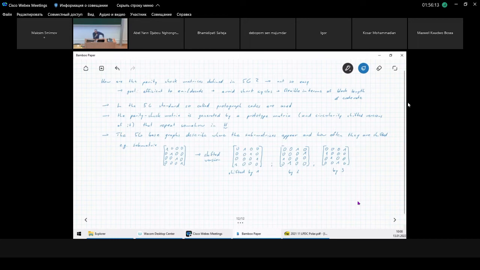So do you already see something which is smart about these matrices, thinking just about what we did before, about the cycles? At least these submatrices don't contain 4 cycles.